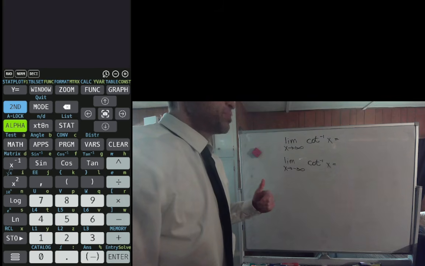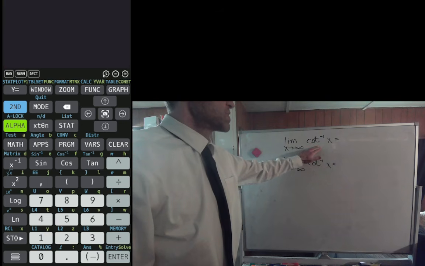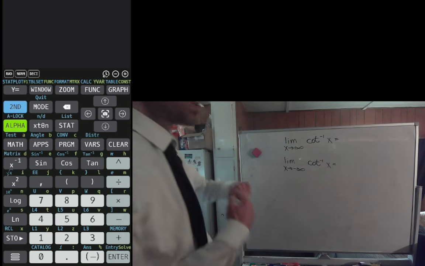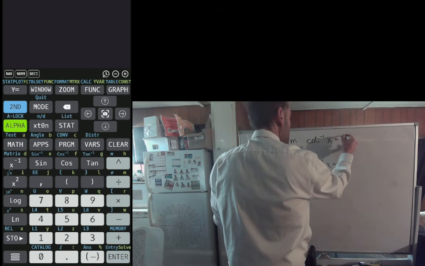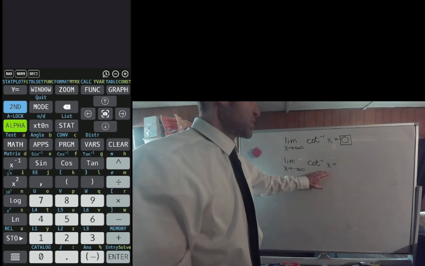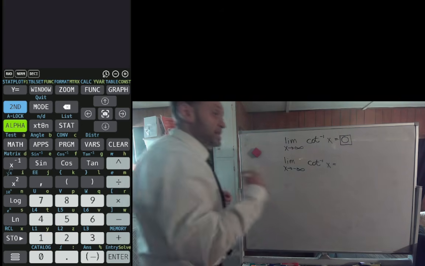So as x approaches infinity, the limit of the inverse cotangent function is going to take me to 0. And then, as x approaches negative infinity of the inverse cotangent of x, that's going to take me to pi.